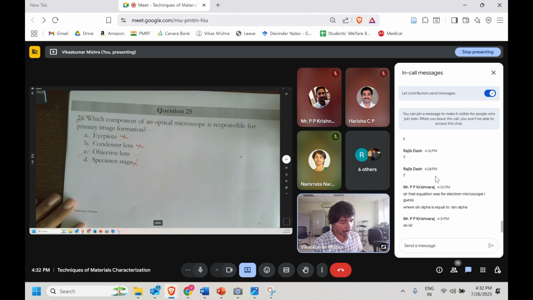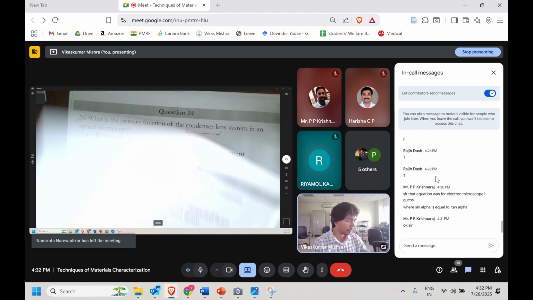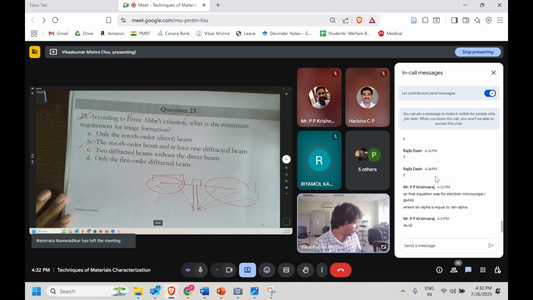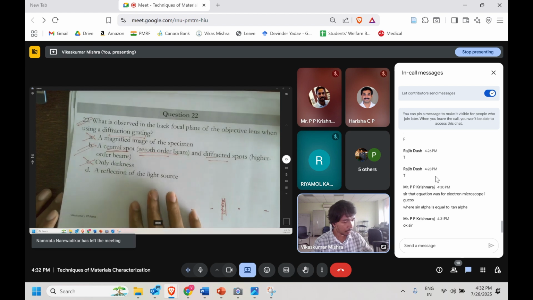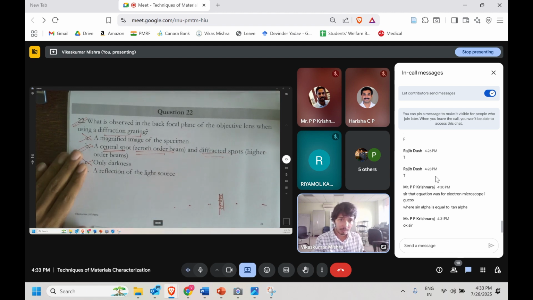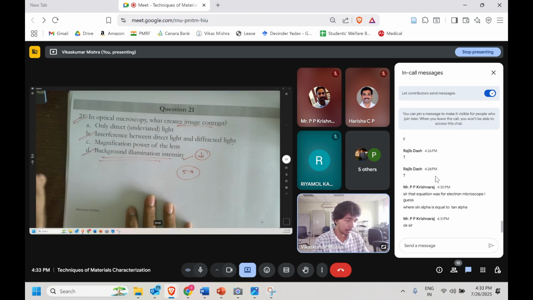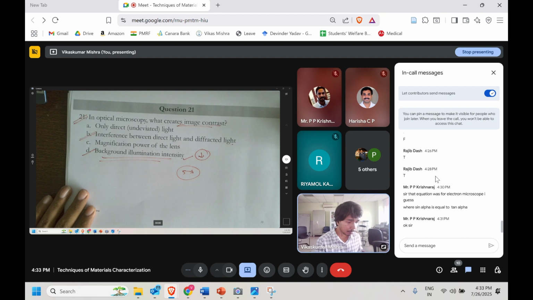Then what is the primary function of the optical objective lens that we have discussed? This is about the condenser lens we have discussed, about Abbe's criteria we discussed, and then we discussed the diffraction grating, when to use. Again, the diffraction grating part is going to come next week, so we'll discuss that in more detail in the upcoming doubt solving session.